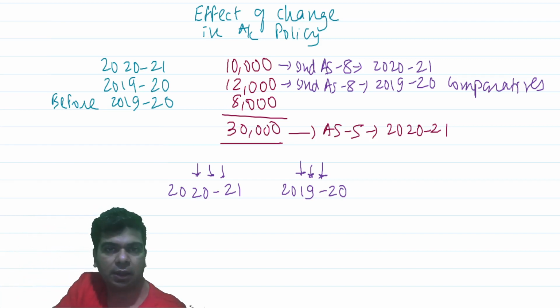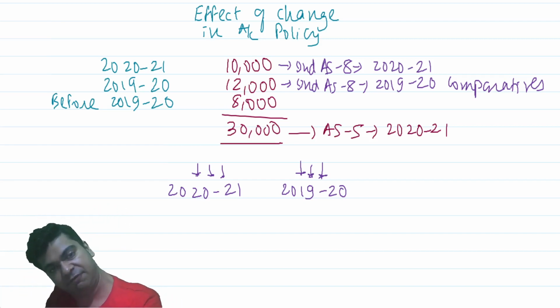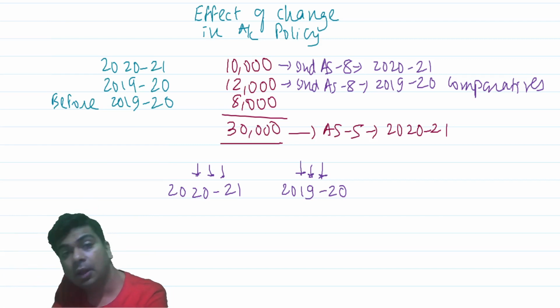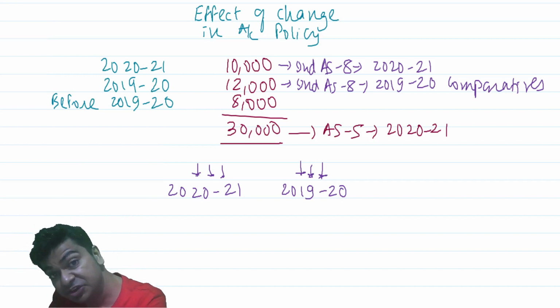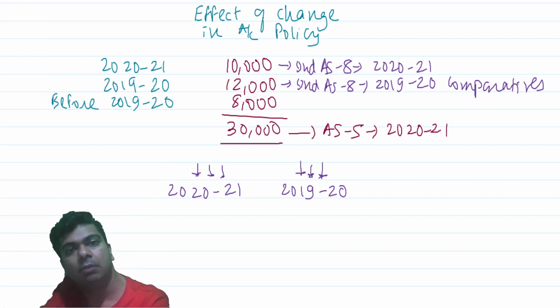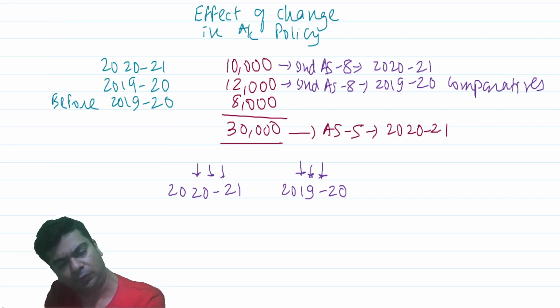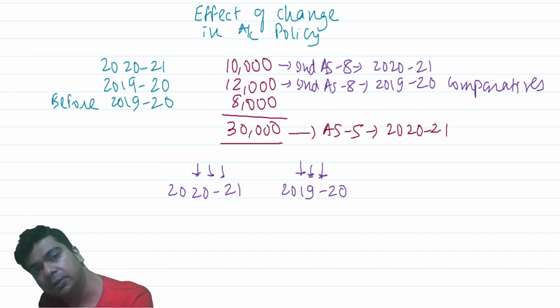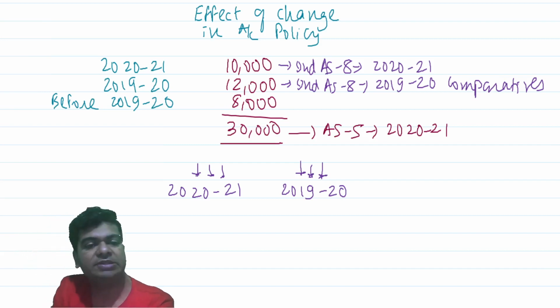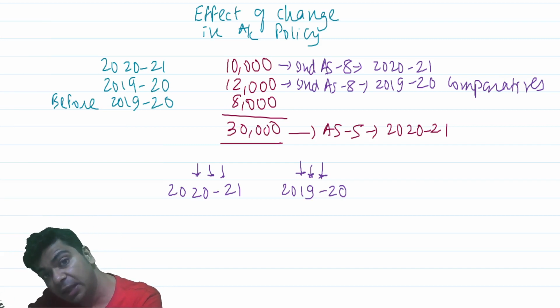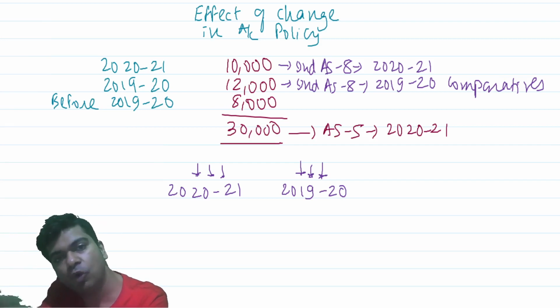Current year effect in the current year, previous year effect in the comparatives. But what about the effect for the change in the accounting policy which relates to the period before the preceding year? What to do over here? Just think for a moment. Think about the year before the current year.